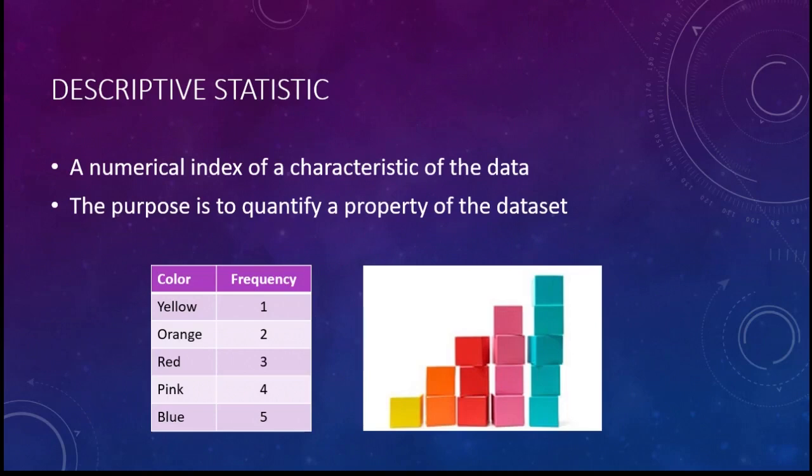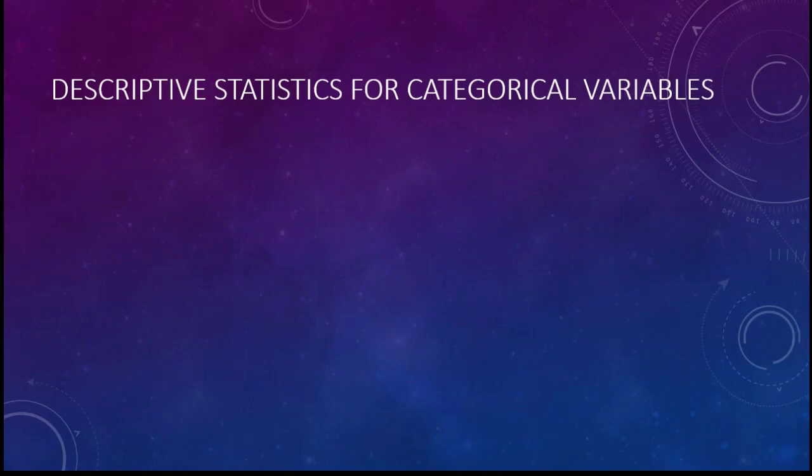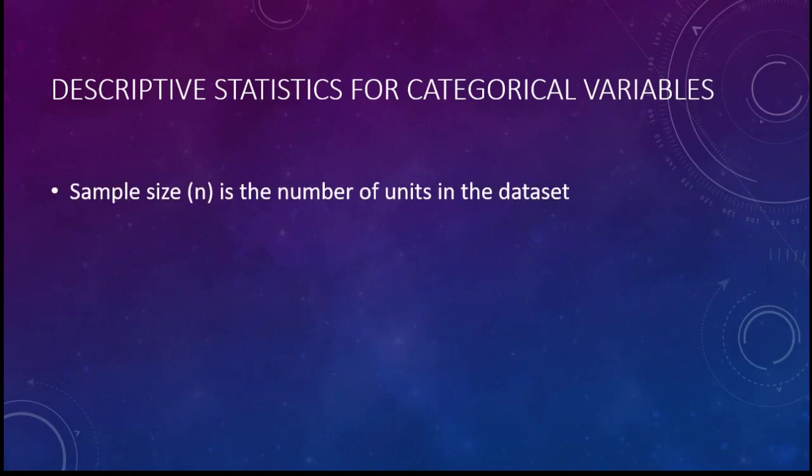Keeping in mind that a descriptive statistic is simply a numerical index that tells us something about the characteristics of the data, let's look at 4 basic descriptive statistics that we can use for categorical variables. Sample size, usually denoted with the letter N, is the number of units in the data set.